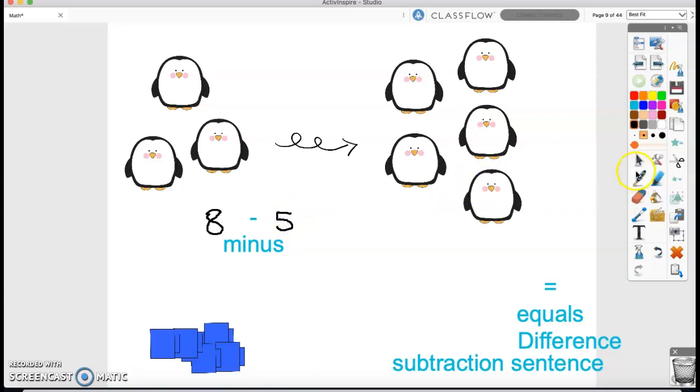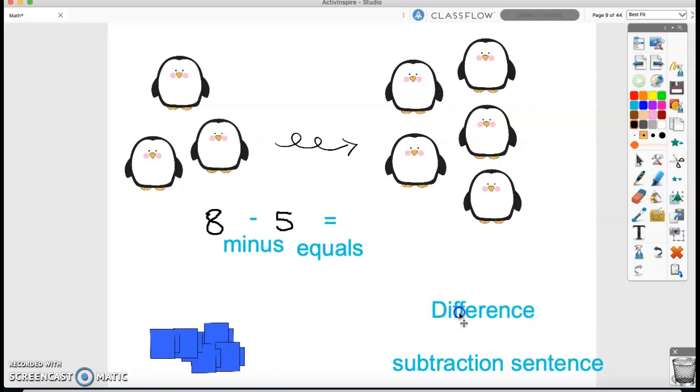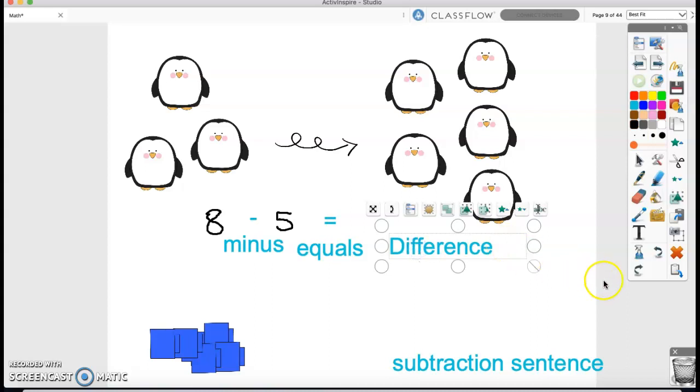And now we need to know how many penguins are going to be left. We want to know the difference. So how many penguins do you think are left? If you said 3, awesome job.